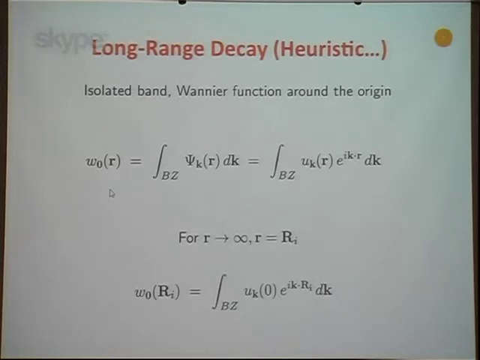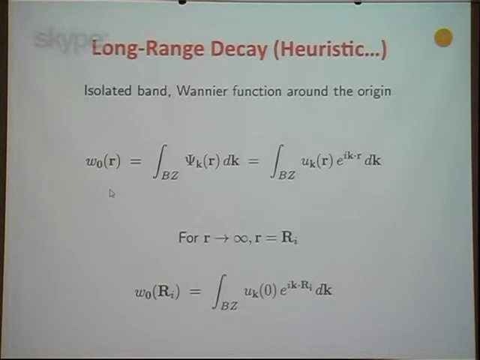Okay, I want to understand what that Wannier function w of 0 as a function of r looks like when I go towards infinity, when lowercase r becomes very large. And in particular, I look at it not only in the limit of going to infinity, but I just focus on points that are direct lattice vectors. So these are the capital R i that are defined in the second line.